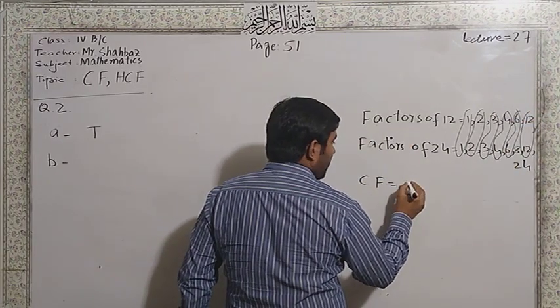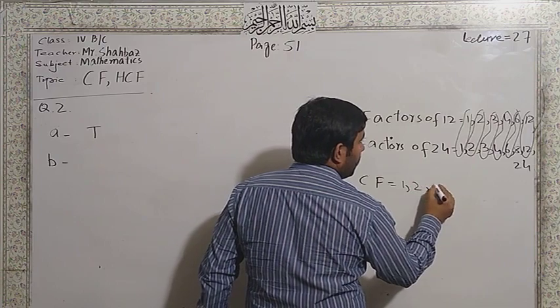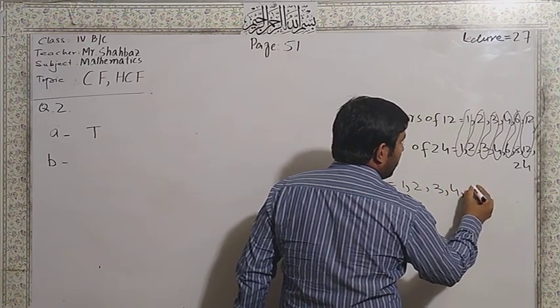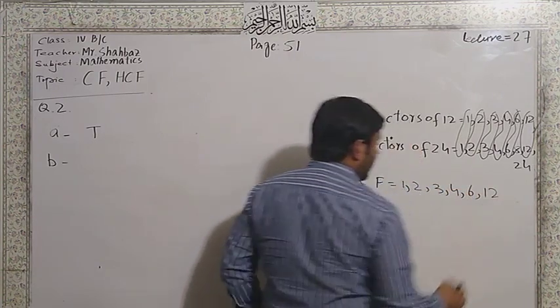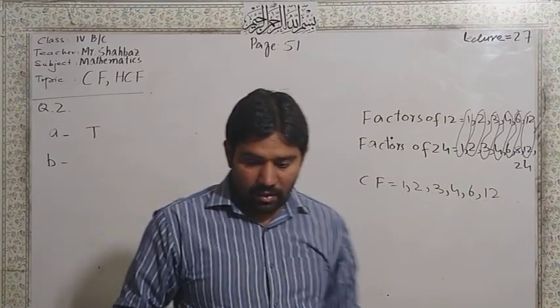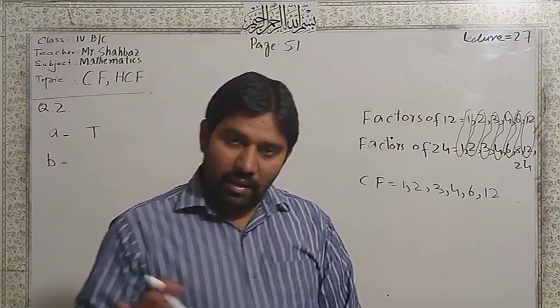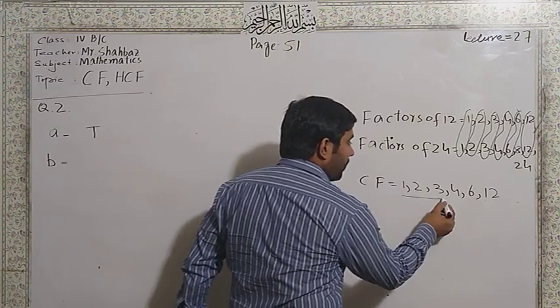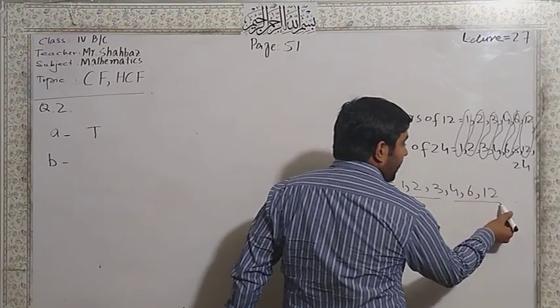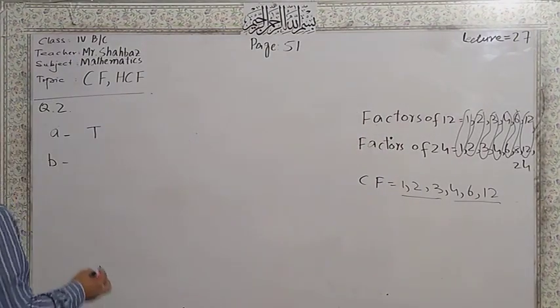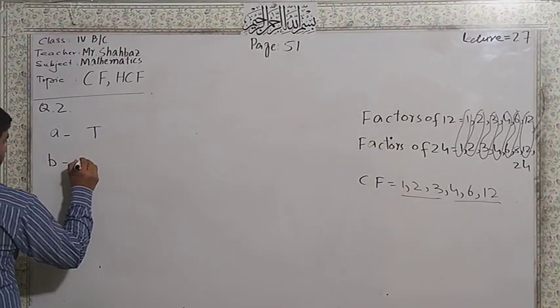So these are the common factors. But in the statement, he said just 1, 3 and 4. There are also other numbers. So this statement is false.